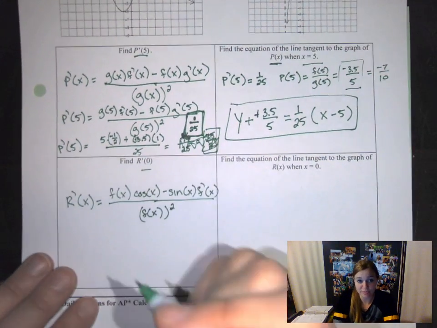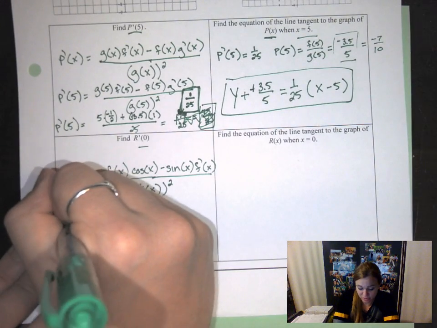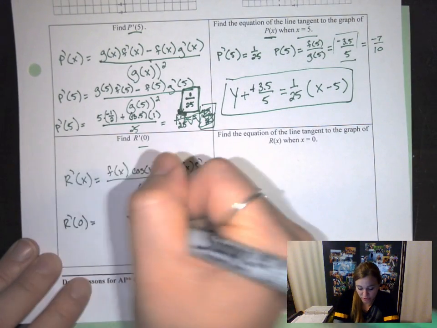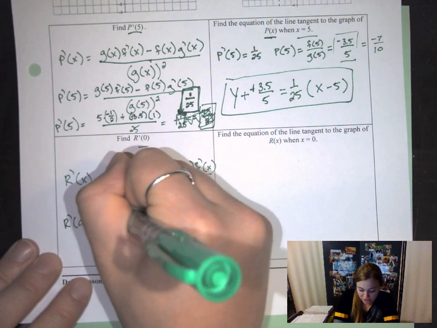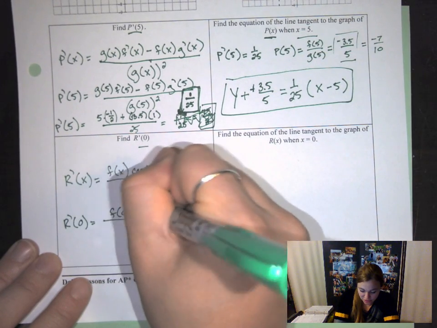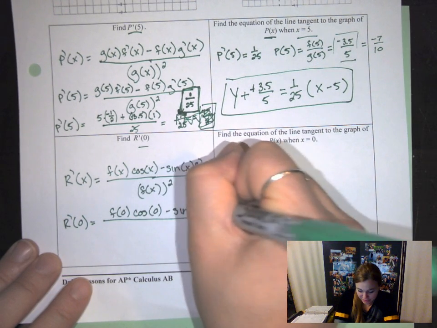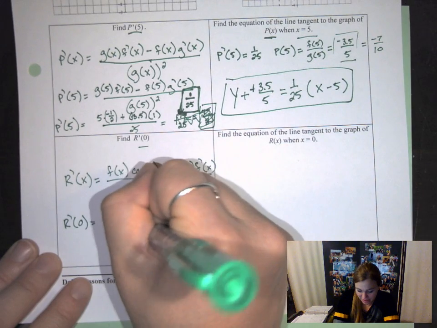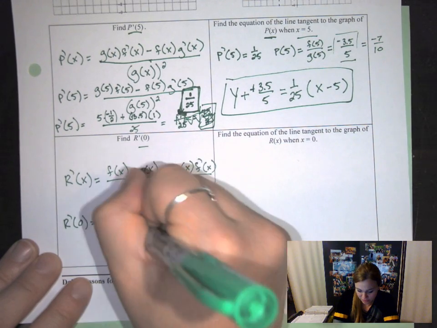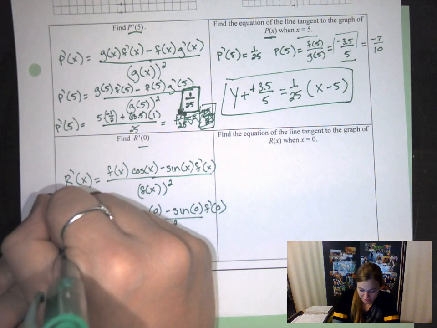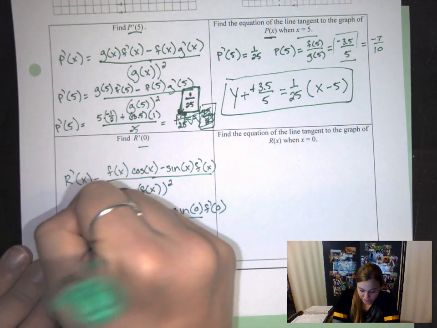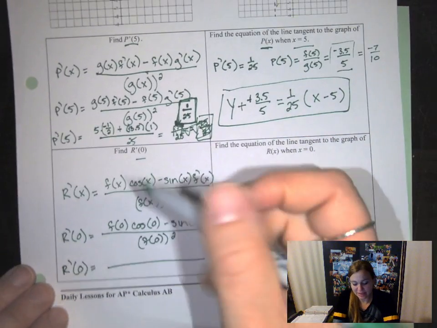I want to find r prime of 0, which means I would say r prime of 0, and then I sub in 0 for all these places. F of 0, cosine of 0, sine of 0, f prime of 0, and then f of 0 squared. R prime of 0, this is going to get kind of crazy, but that's okay.